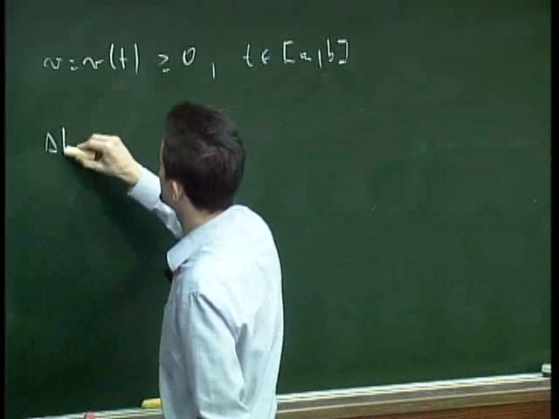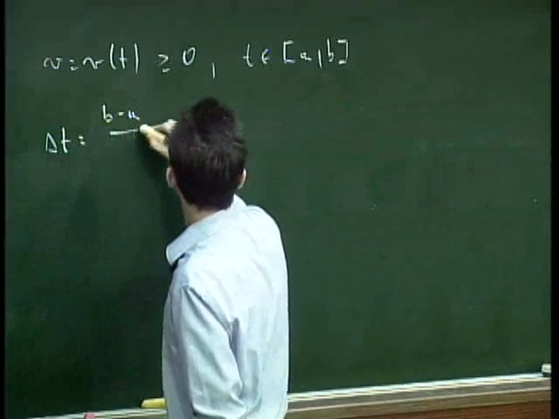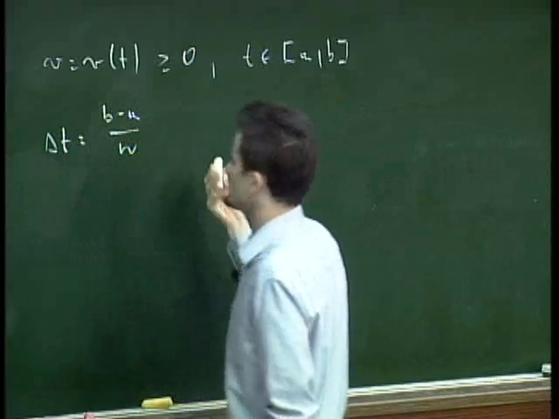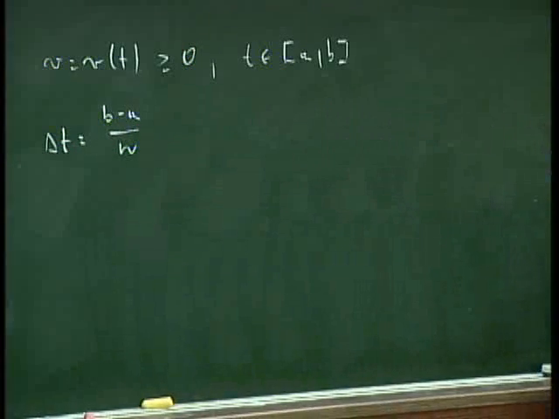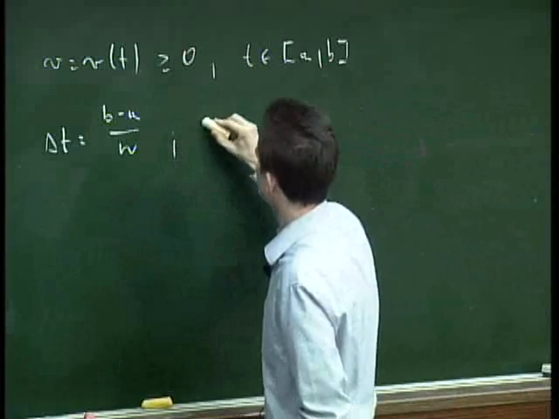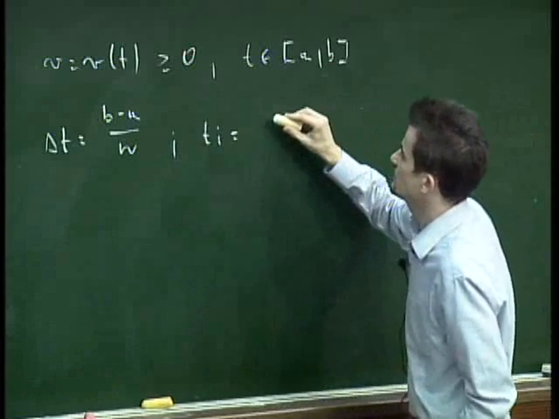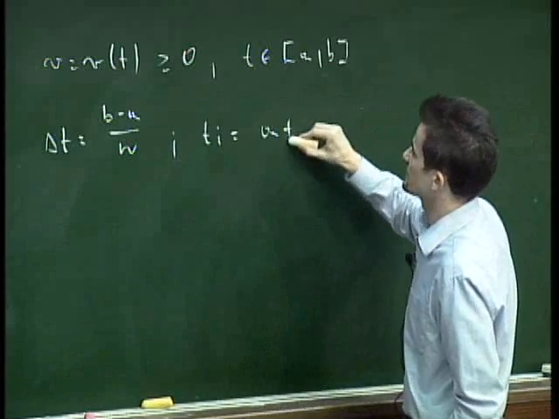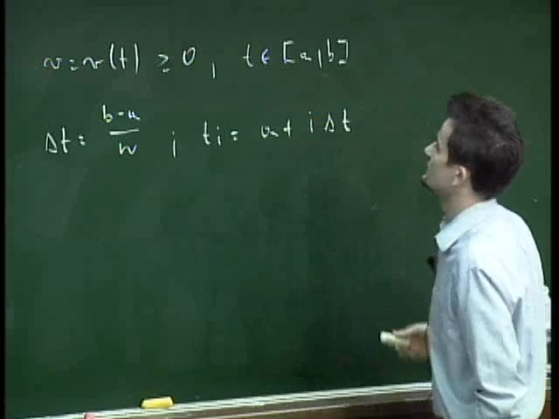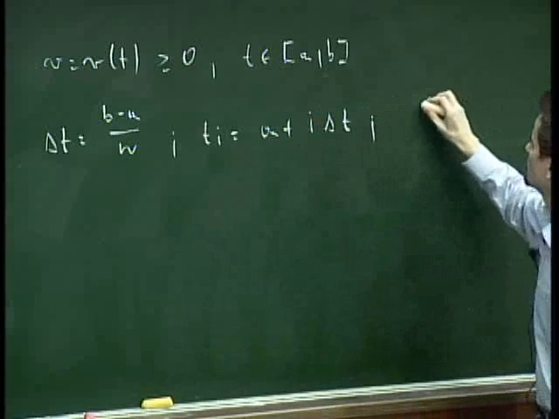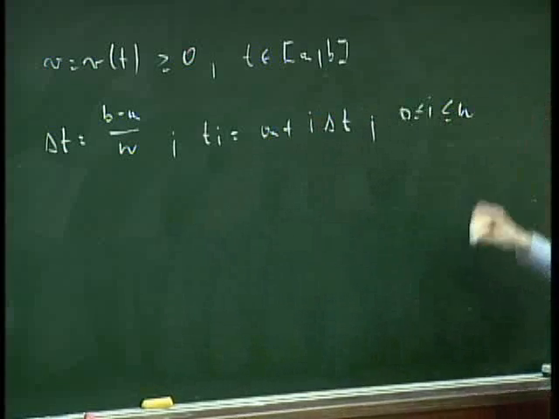So the delta t is then b minus a over n, for instance, n subintervals. And you define time points t_i, which are a plus i times delta t, where i is from 0 to n.